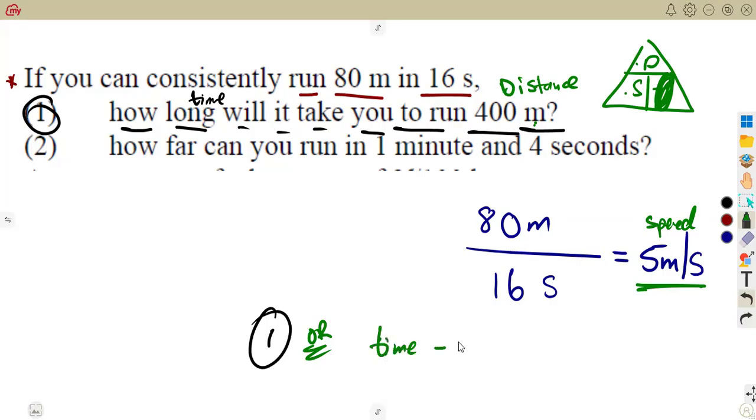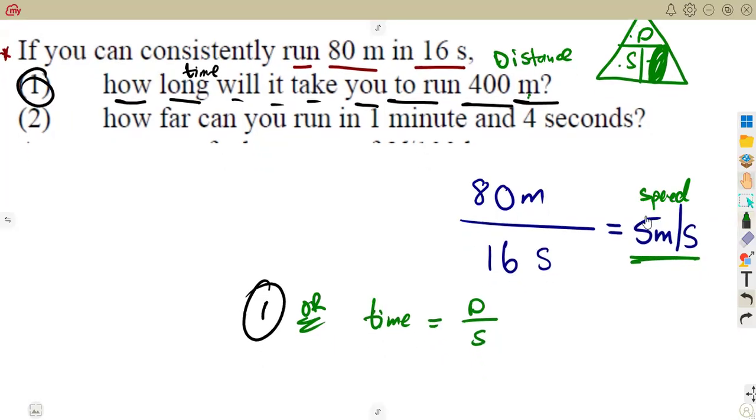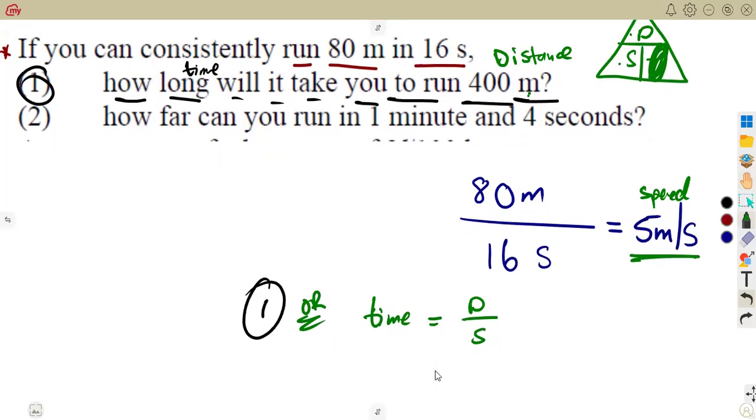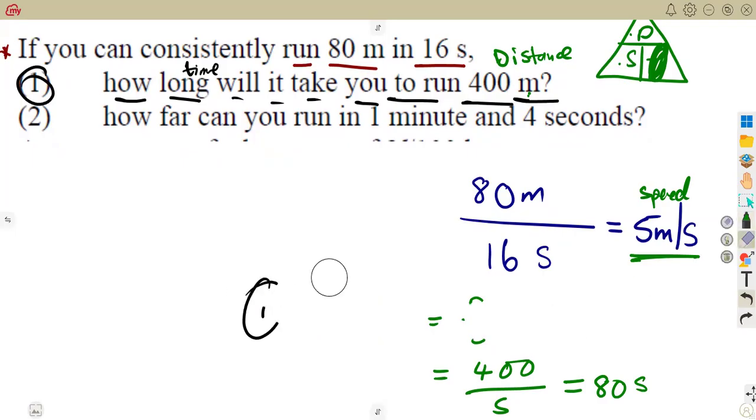So you're going to say time is distance over the speed, where the speed is the rate that you are given. The distance is the one that is to be covered, 400 meters over what? The speed, which is 5. So as you can see, that was still going to give us the same thing. So that is it. 400 divided by 5, which was going to be 80. This is time measured in seconds. That's another way of answering. So many ways. All right.